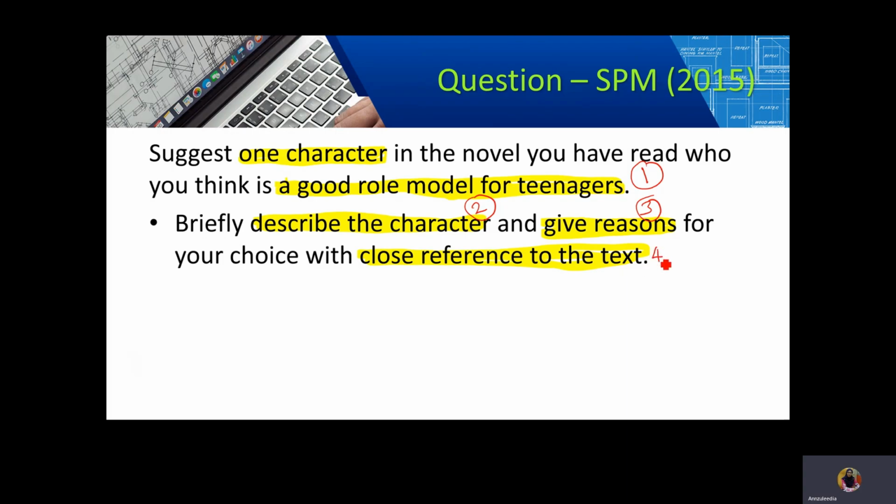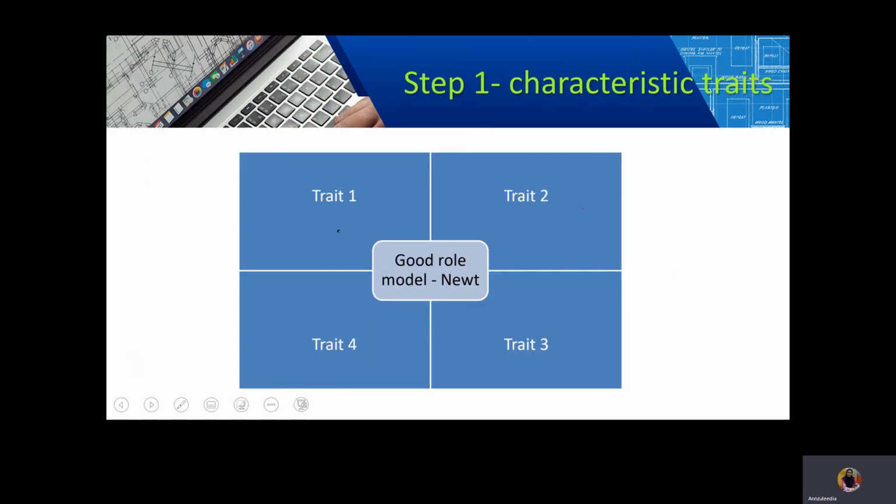And number four, you need to provide textual evidence from the text. So when you go into the exam hall, please remember to highlight the keywords so that you are answering the question. Let's look at the first step here.